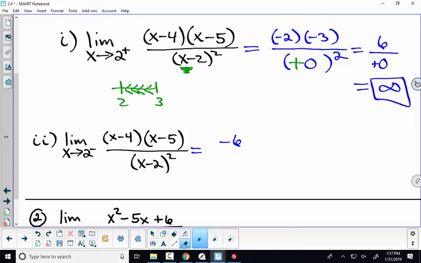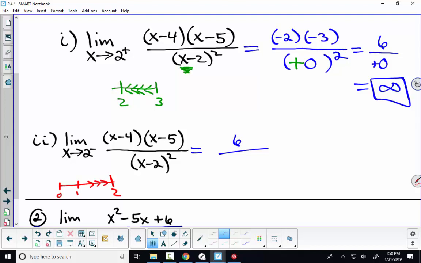So the numerators, we're approaching 2. Nothing wrong with 2 in the numerator again. So we've got negative 2 times negative 3 up top, again positive 6. This time, we're approaching 2 from the left. So here's 1, here's 0, let's say.